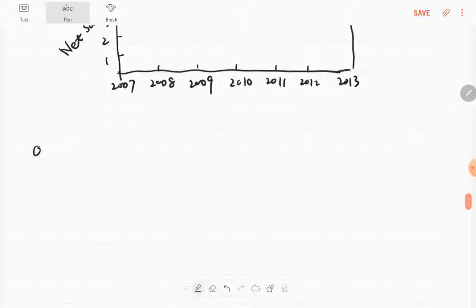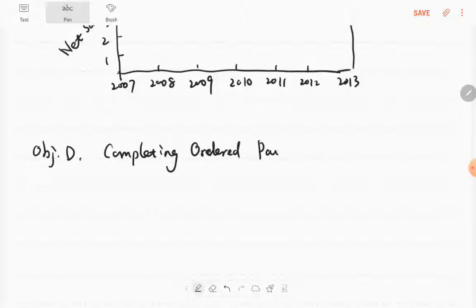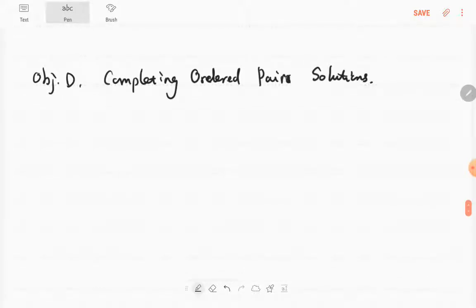So the next objective will be completing ordered pair solutions. So let's check this one.